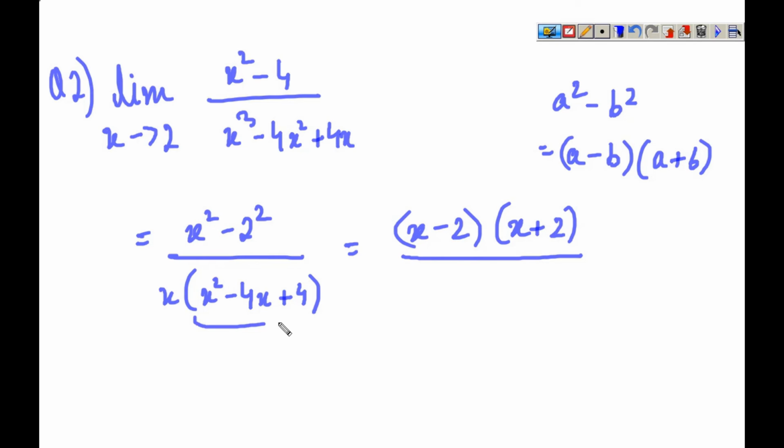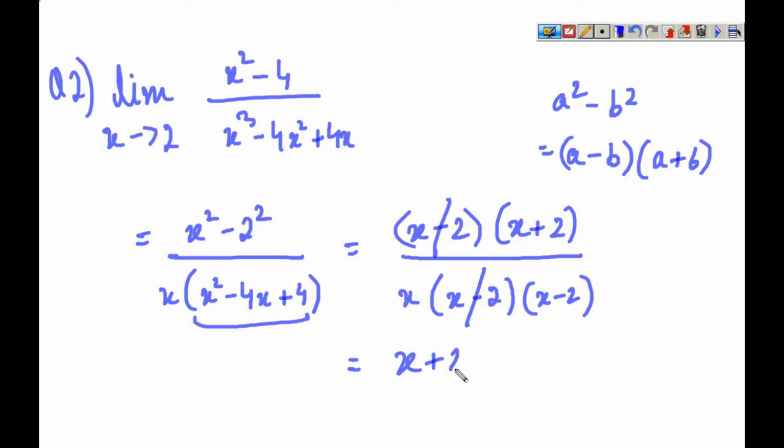This is the same function we got in the previous question, so you can go back and check that out. So we can write it as x times x minus 2 x minus 2, right? So we are getting this x minus 2 is common, cancelling this out, so the whole function becomes x plus 2 by x times x minus 2.